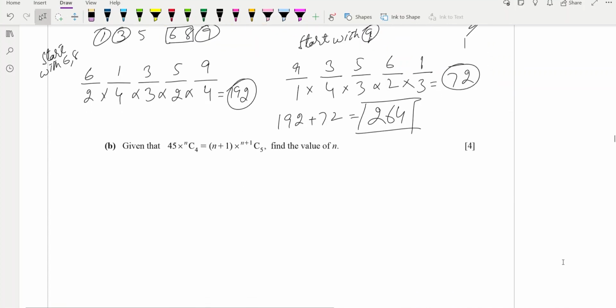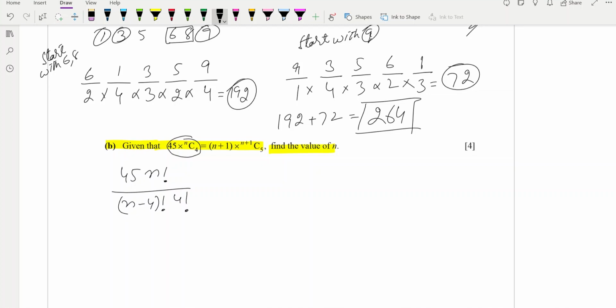Now, given that 45 into nC4 is equal to n plus 1 into n plus 1 C5, find the value of n. So we can write this 45 nC4 as 45 n factorial over n minus 4 factorial into 4 factorial.